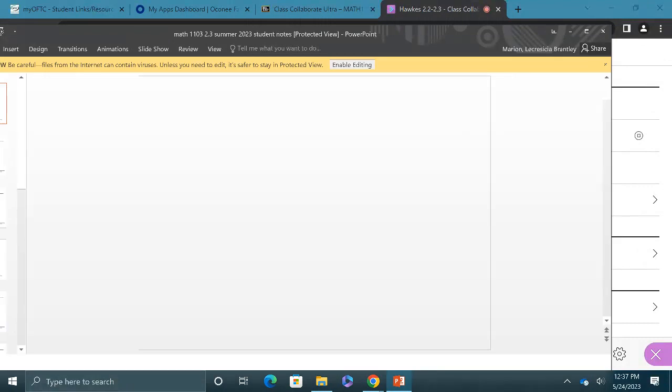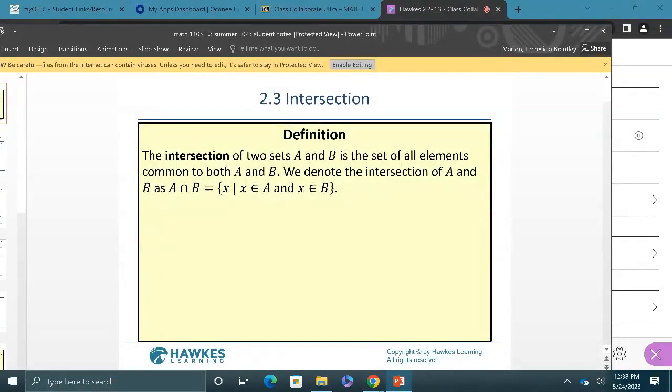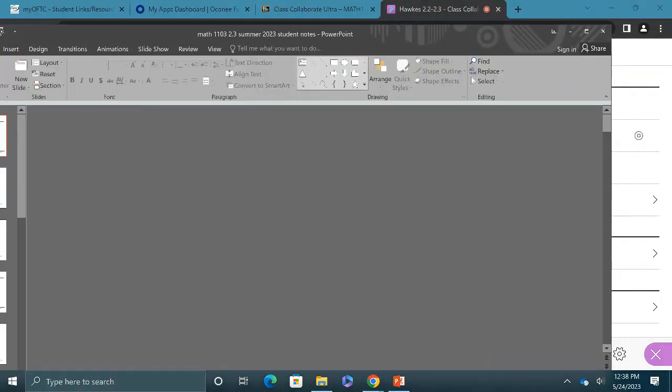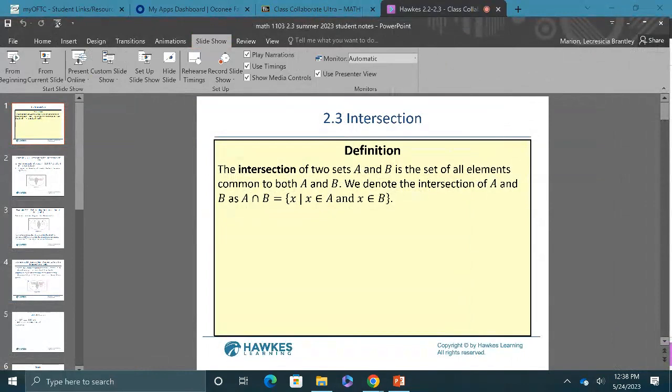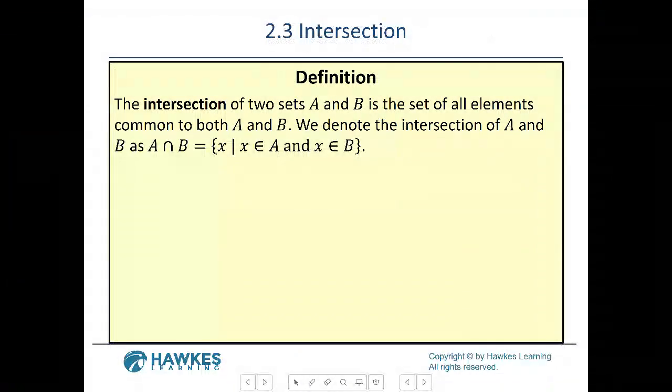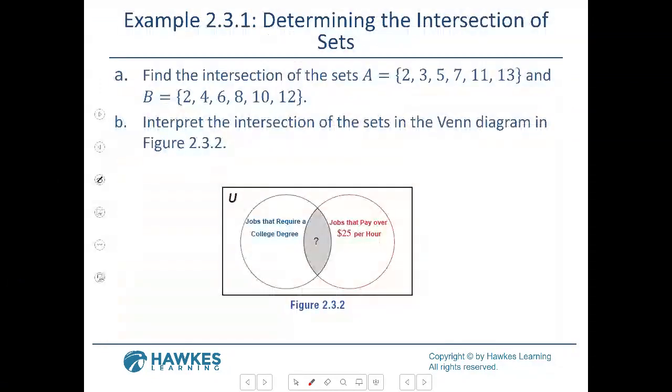So 2.3 is going to start off with intersection. So this is another something that you may want to write down. You keep your different symbols. This is the intersection symbol, and it's like an upside down U. So this is the intersection, upside down U. And so basically that means what they have in common to both sets.